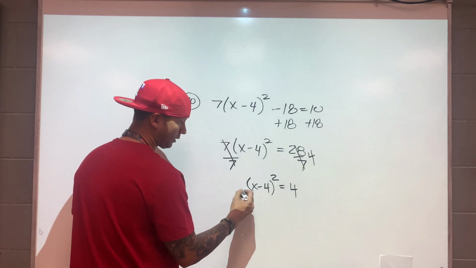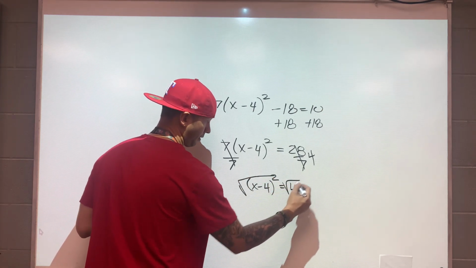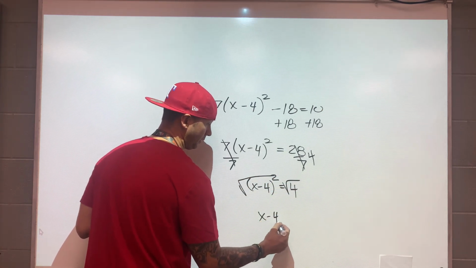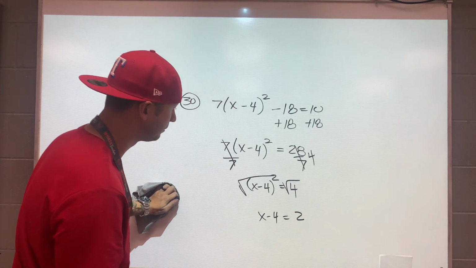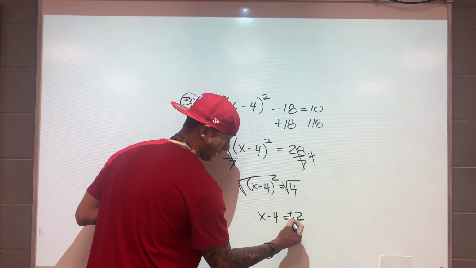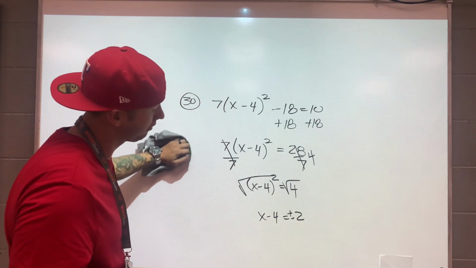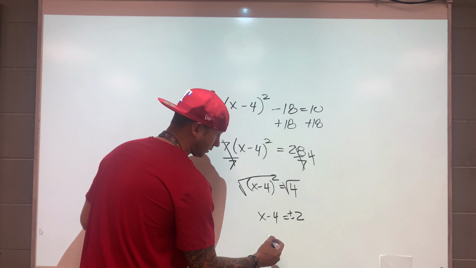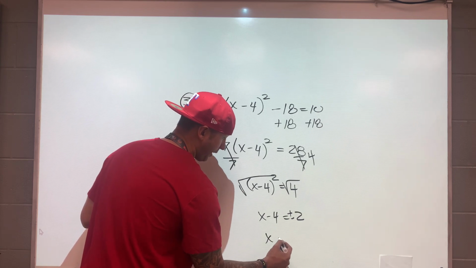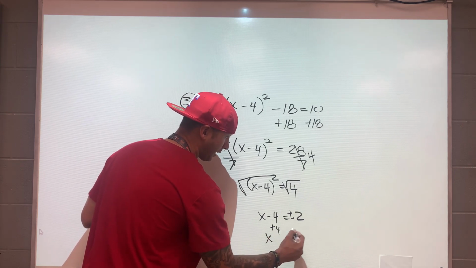I want to get to the x, so I've got to take a square root. So x minus 4 equals the square root of 4, which is 2, plus or minus. You can't forget that, plus or minus. And I want to add 4 to both sides.